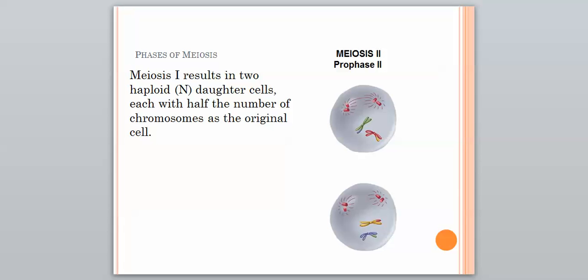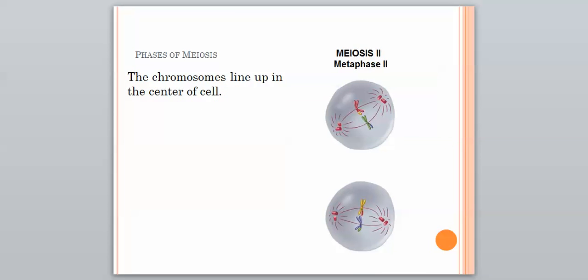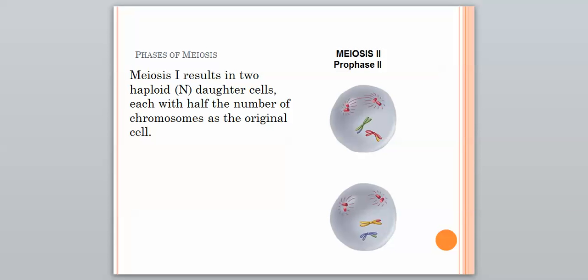But now we have haploid, so we have half that number. We have 4 chromatids, or just 2 chromosomes. So that's our first step here: we have 2 haploid cells, haploid being the key word there. And then our first step is prophase 2, and that's pretty much all they give us there.